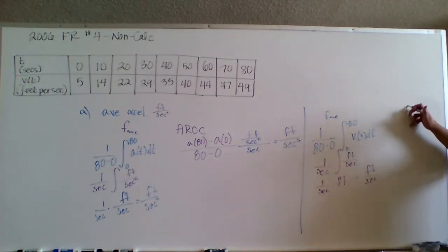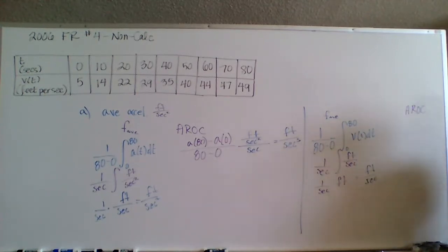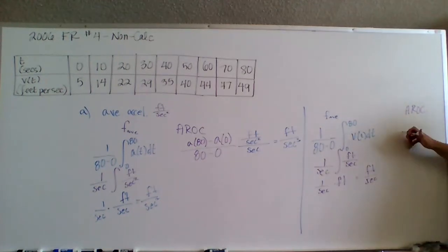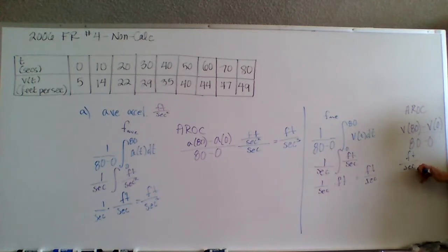The other way we could be doing AROC is with velocity here. So this would be like v of 80 minus v of 0 divided by 80 minus 0. Now when we do this, velocity on top is really feet per second divided by time, which is seconds.